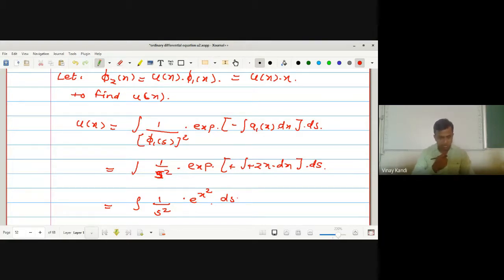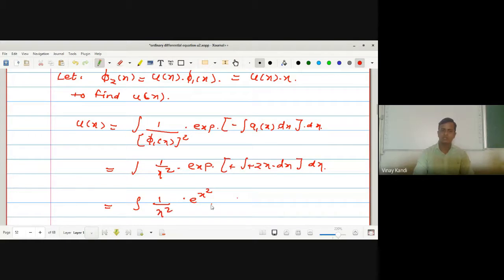Wait a minute. Take x. Variable x is x dx, x square dx.